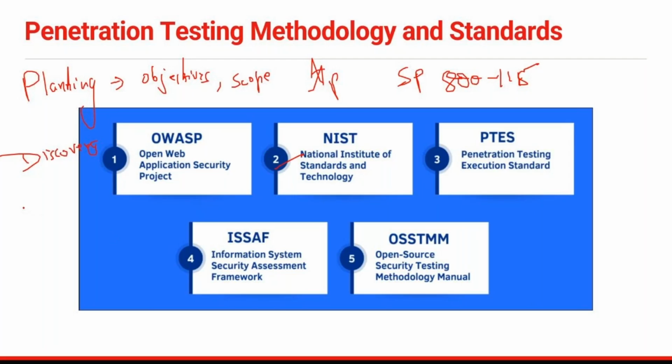Once you have gathered the information, then arrives the attack phase. Attack phase means you will simulate real-world attacks to identify and exploit the weaknesses. And then reporting: document all the findings and suggest mitigation strategies. So these are the things that are there in NIST.